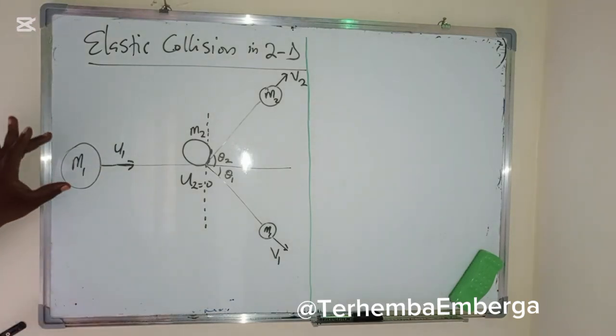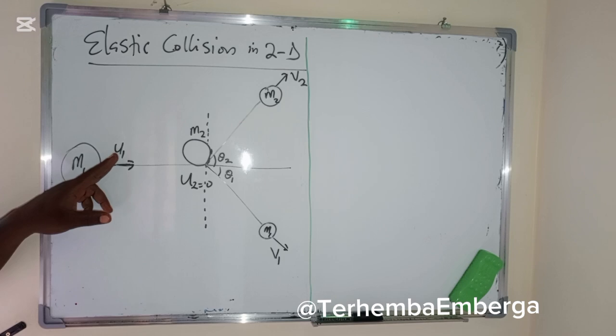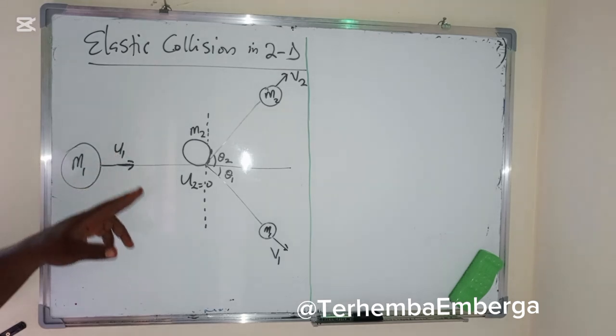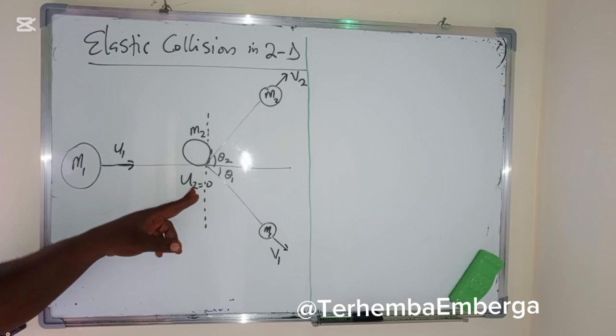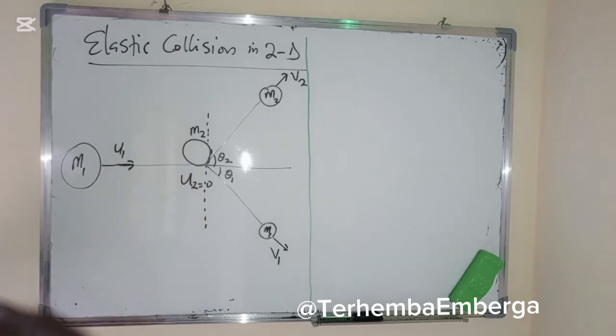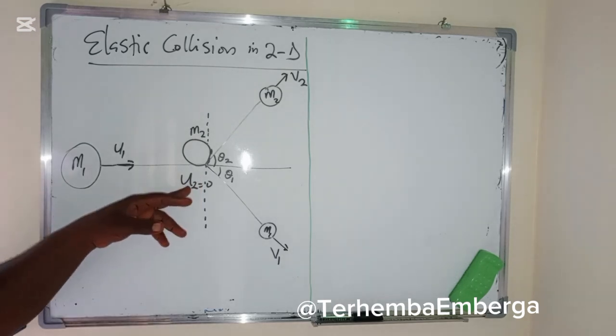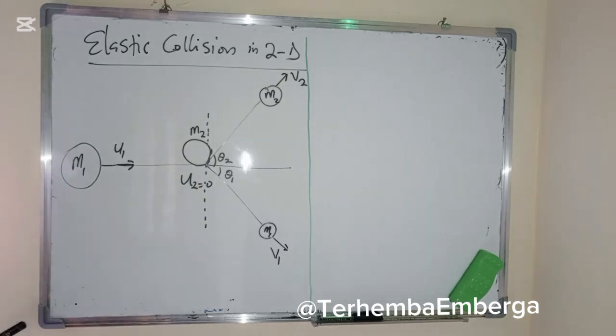You have two bodies with mass m1, initial velocity u1, and the other body is m2 with initial velocity u2, which is 0. It means that this body is stationary, and that's the reason why u2 is 0.